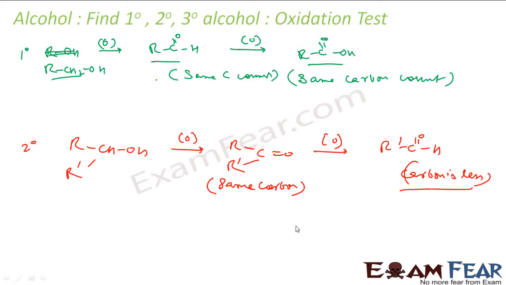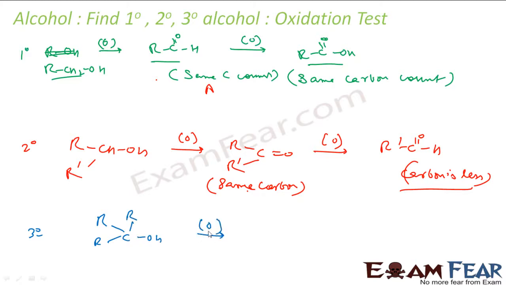So you see, this reaction is a little different. So here we are getting aldehydes, here you are getting ketone, right? And in this case you are getting carboxylic acid with the same carbon. Here we are getting acid with the less number of carbon. Let's try for tertiary. We have R, R, R, COH.